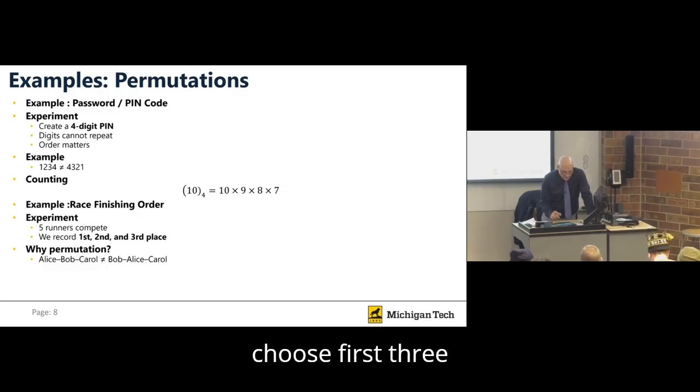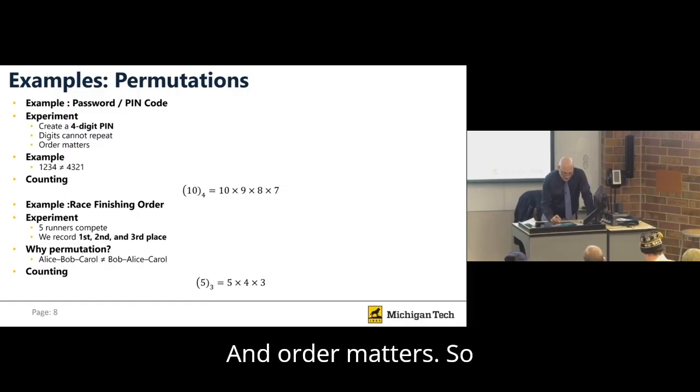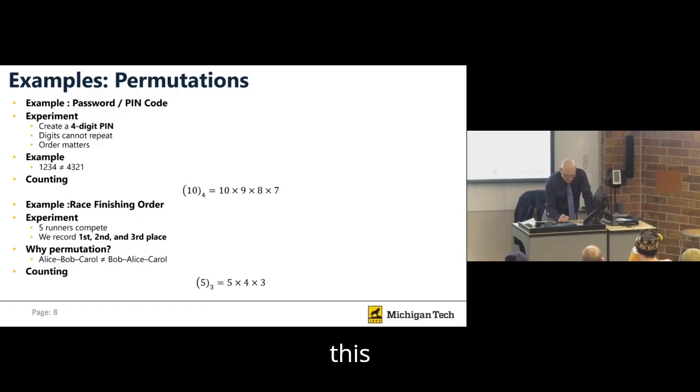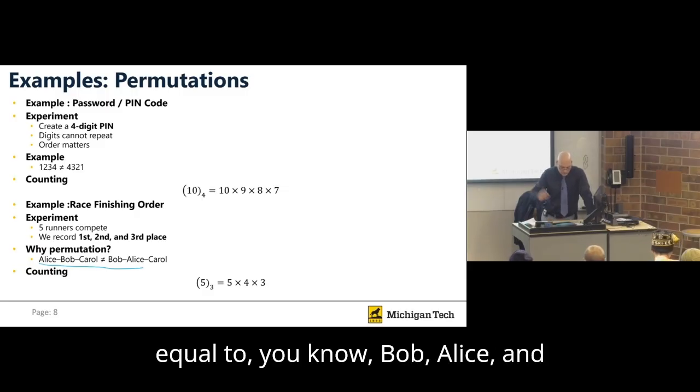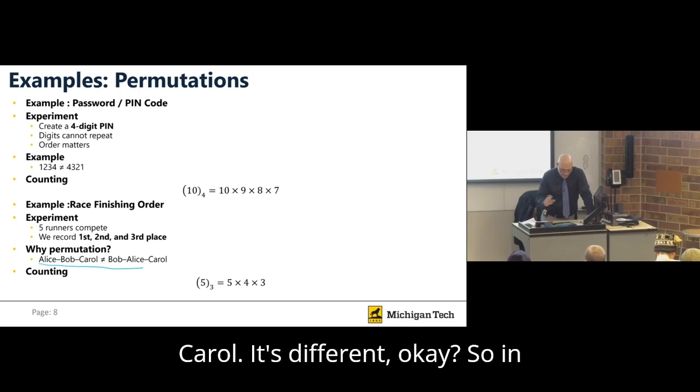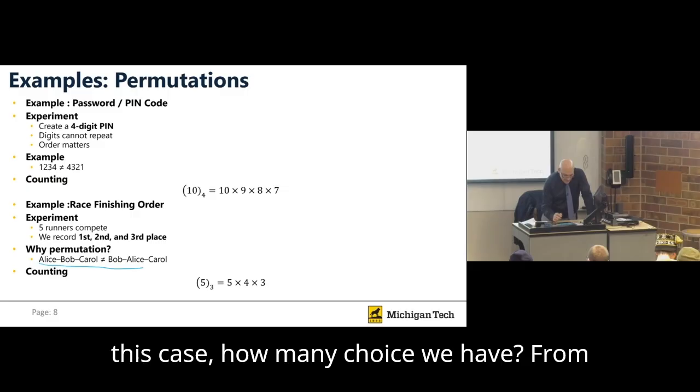We want to choose the first 3 of them and give them a prize. And order matters, so Alice, Bob, and Carol is not equal to Bob, Alice, and Carol. It's different, okay?